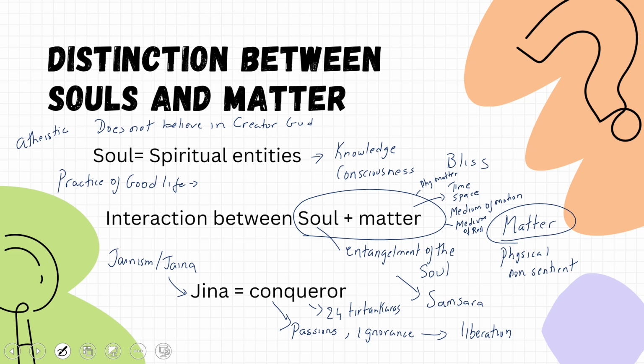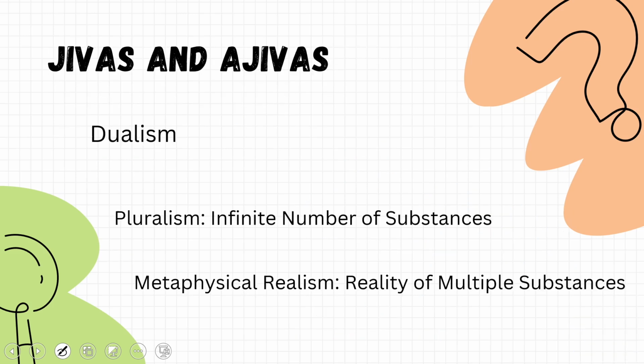So now let's take a look at the distinctions between the Jiva, Ajiva and the other aspects of this philosophy. First and foremost, there is a distinction between Jivas and Ajivas. Jivas, as we know, refer to the souls, and Ajiva refers to the non-souls.